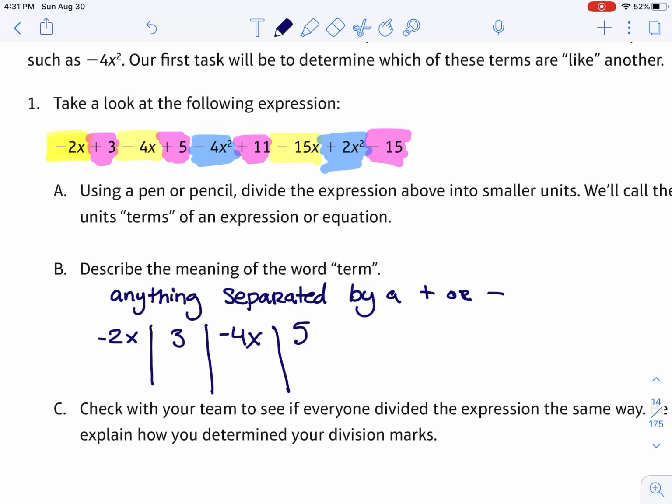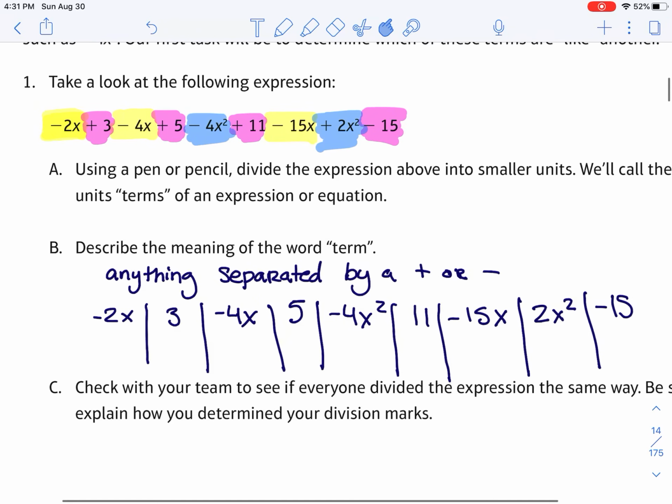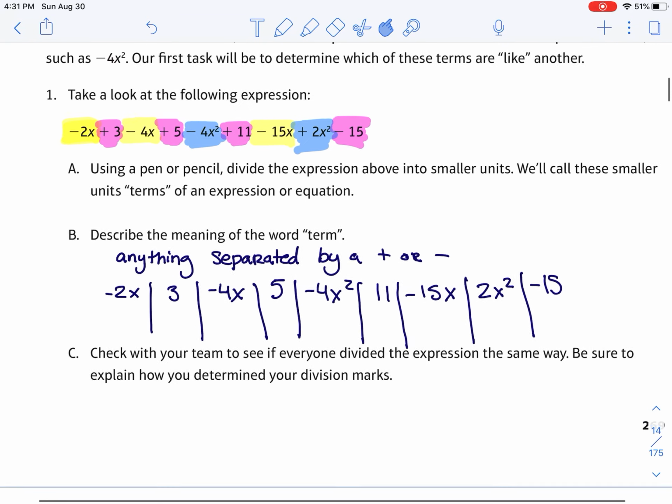The positive 5 is a term. The negative 4x squared is a term. The positive 11 is a term. The negative 15x is a term. The positive 2x squared is a term. And so is the negative 15. Everywhere where it was separated. Okay.